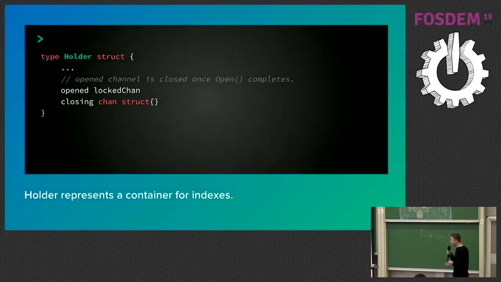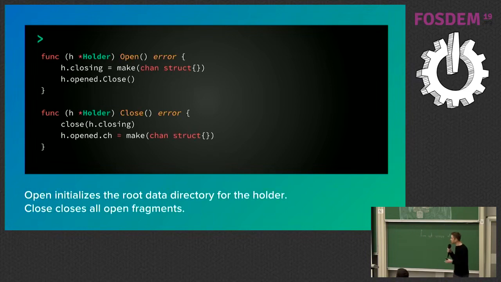suddenly it appeared that we had so many problems and random crashes in this concurrent world with the holder. So we took a closer look at how the holder was implemented. And apart from all the handlers and the fields, it contained two channels, opening and closing. These two channels are only used in these two functions, open and close.